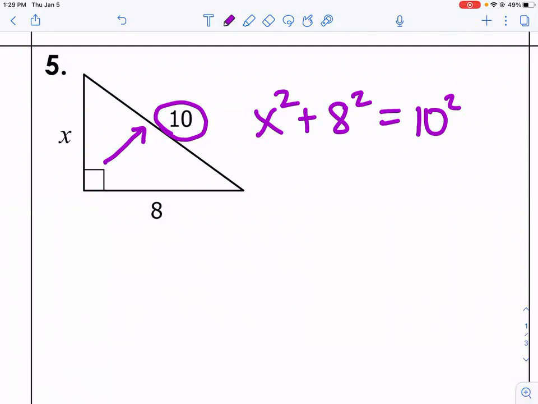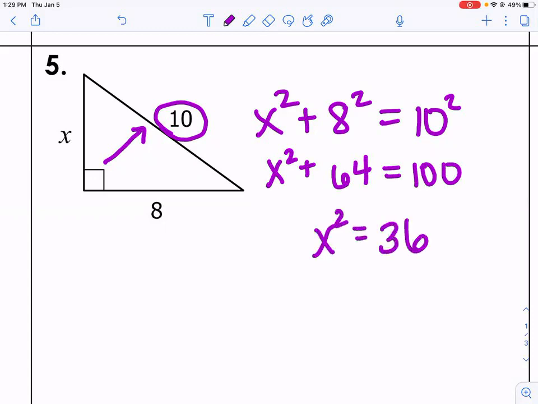Okay, so what's 8 squared? And 10 squared is 100. So what we will have to do here is take this and subtract it over to the other side. So x squared actually equals 36.